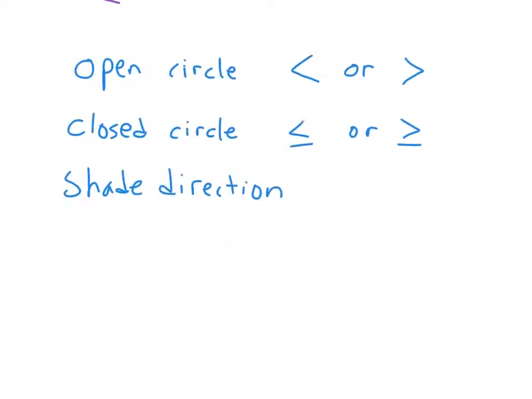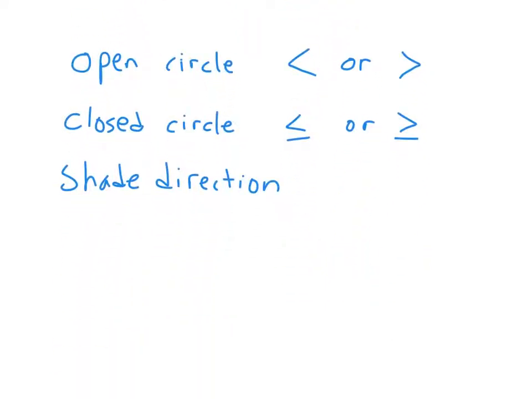So what the book encourages you to do is this. And this is going to come in handy down the road when we start doing shading inequalities on a coordinate plane. So when you're starting to get things with an x and a y, and you're trying to shade them on something like this.